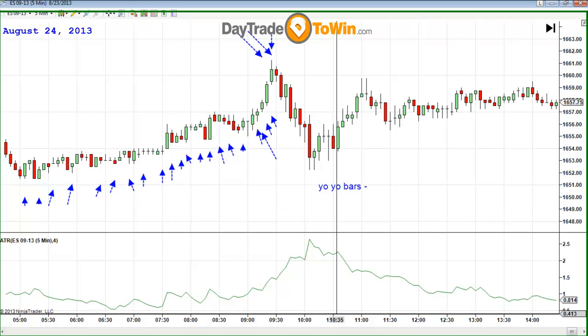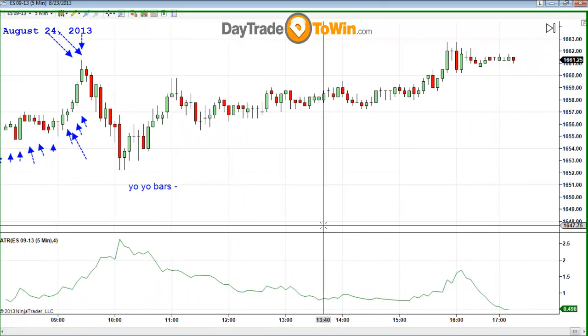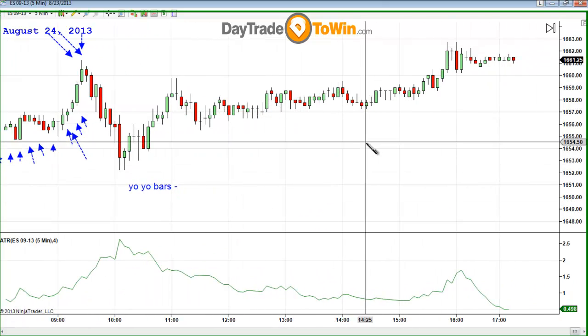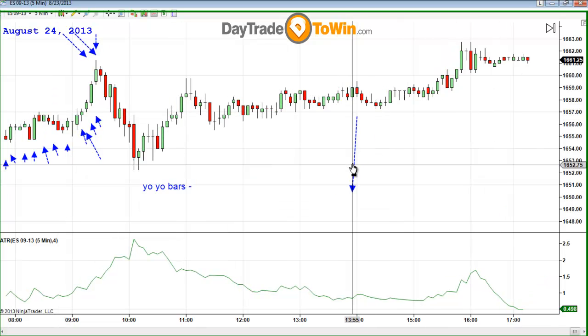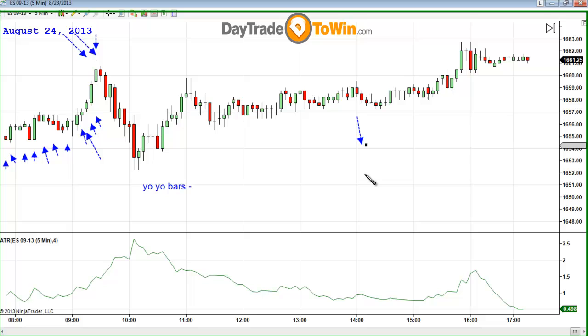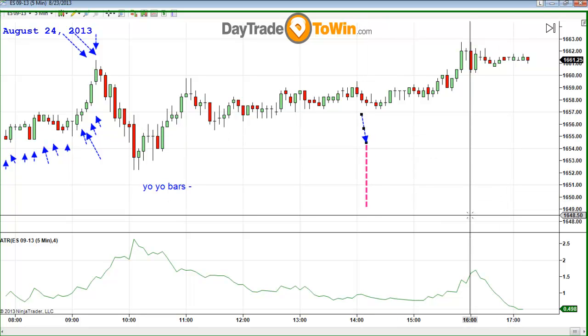Okay? Now, if you look at what a yo-yo bar is, think about a kid's toy. The yo-yo goes down, and then it gets swung straight back up, and what you're left with is a wick.